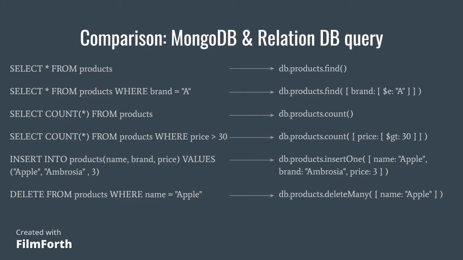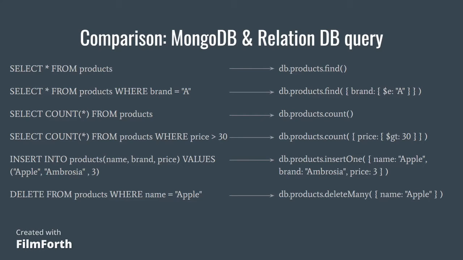The same goes for when you want to count the results: select count from products. For MongoDB, we have db.products.count. We can also perform more select functions, such as select count from products where the price is higher than 30. The MongoDB query will be db.products.count where the price is greater than 30.